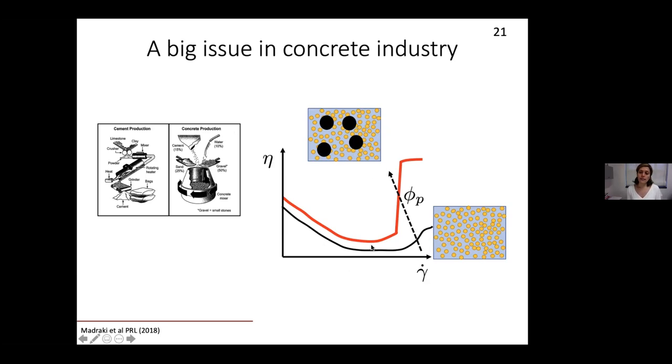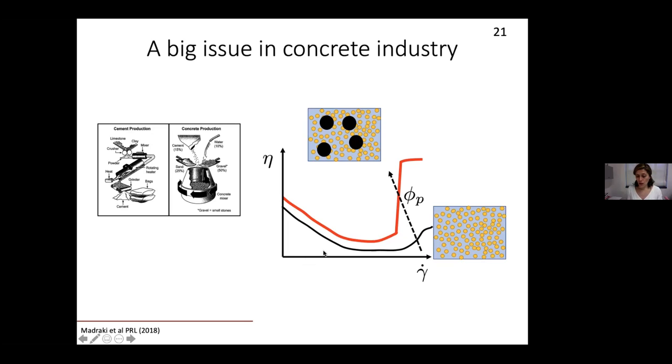If you think about this, I cannot really explain this behavior with the scaling laws that I've just introduced. The reason is that when I talked about the scaling laws, all I did was bring the concept of enhancement of the viscosity because of the increase of the solid volume fraction and change in the local shear rate. But in that way of thinking about the problem, there is no jump from one rheological behavior to another.